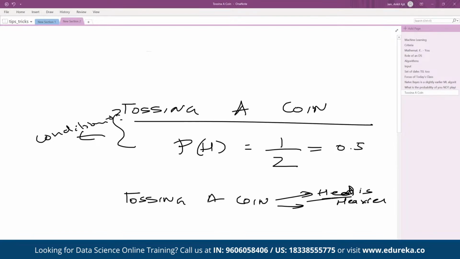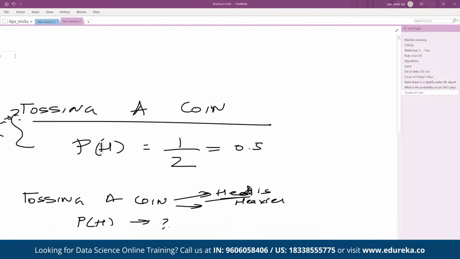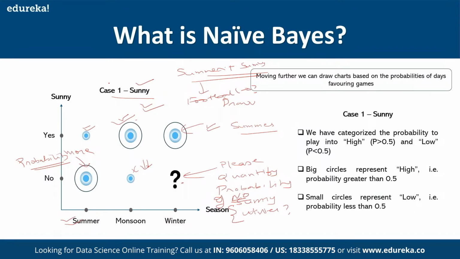That the head part of the coin I have made a little heavier, some manipulation I've done. Now tell me what is the probability of head. This cannot be answered straight away by 1 by 2. You will have to look into this factor, right? This is a condition, like in this case, what was the condition put? That it is sunny and it is winter.